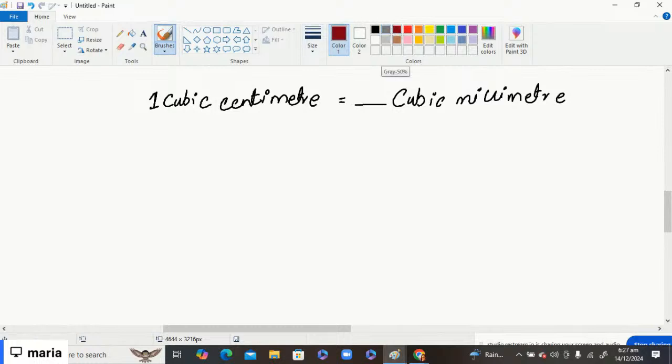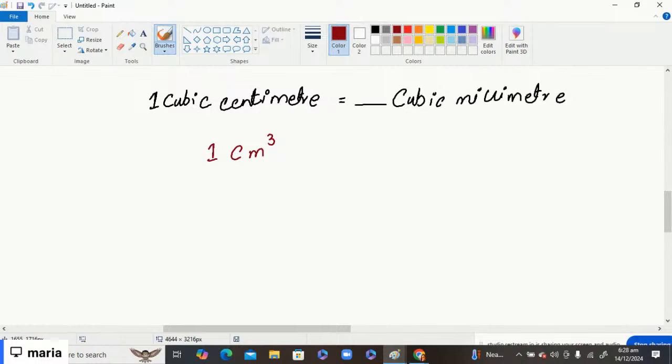So look at here. As we see the quantity, that is a cubic centimeter. So it means 1 cubic centimeter. Okay, this is 1 cm cube. Cm represents the centimeter cube. Now, to write this conversion, as we convert centimeter to millimeter, centi to milli, we are just going to multiply with 10, as we know that. But here is a cube unit, so we are going to multiply 10 three times.